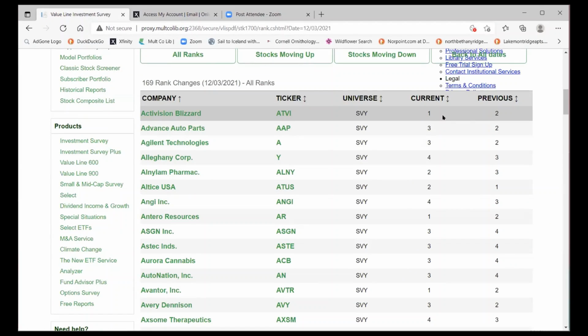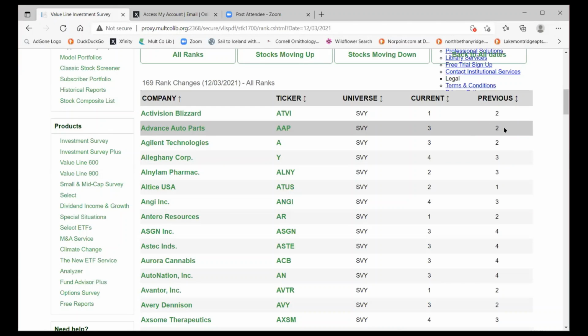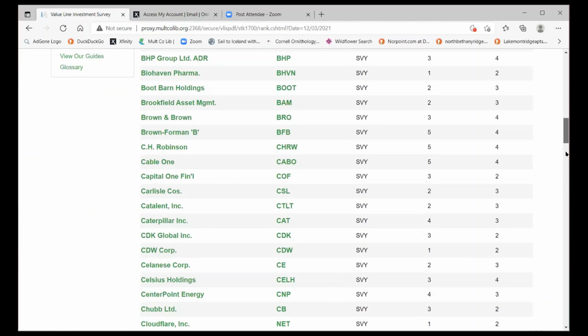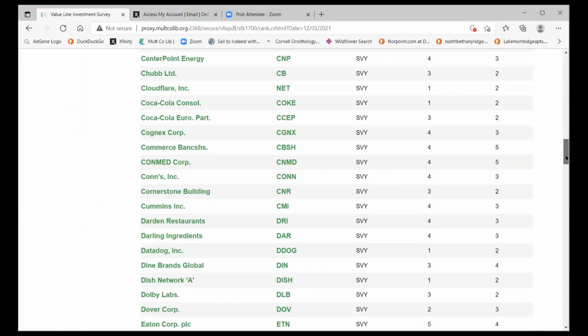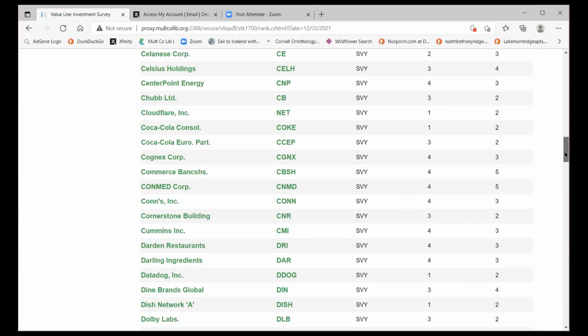And all you have to remember is that the third column is where it is now, and you can then just look at previous to see whether it went up or down. Okay, this one went up, this one went down. And so these are in alphabetical order. You can go down through the whole list and see anybody on here that excites you.